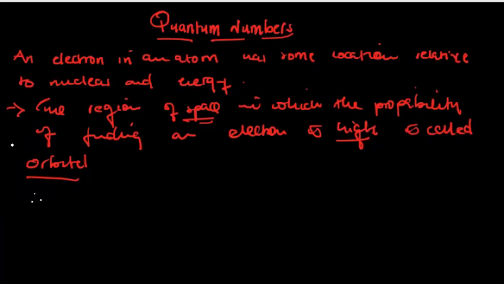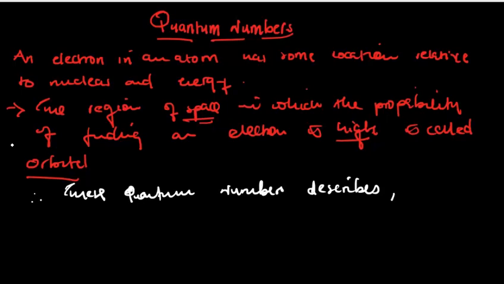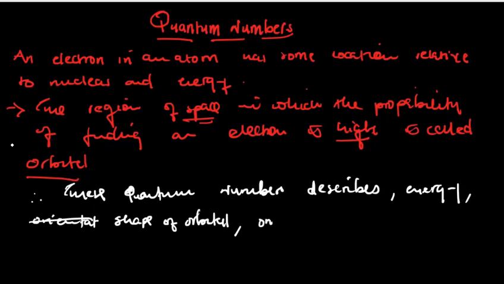Therefore, these quantum numbers describe the energy, the shape of the orbital, the orientation, and finally the spin.